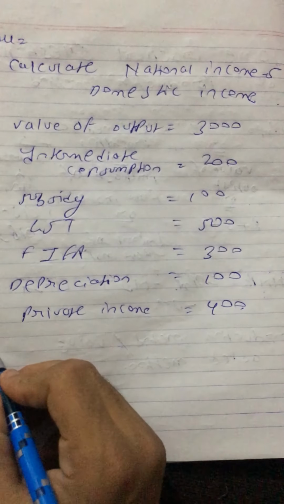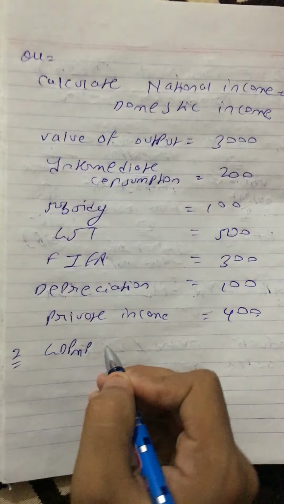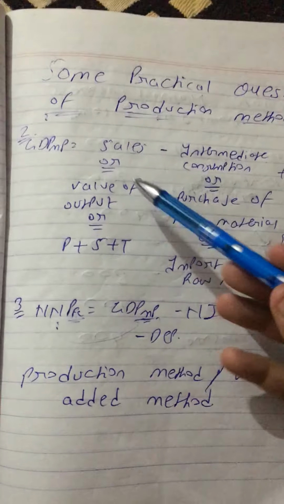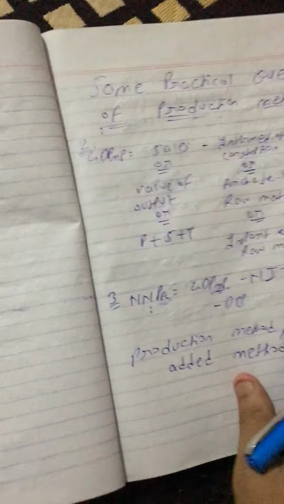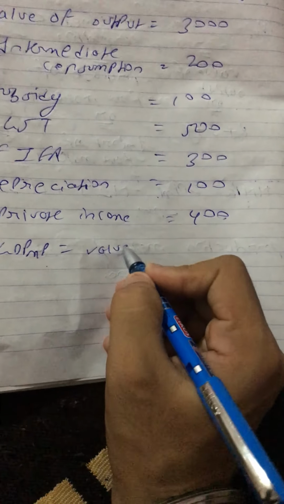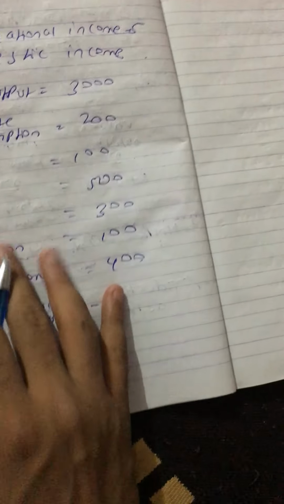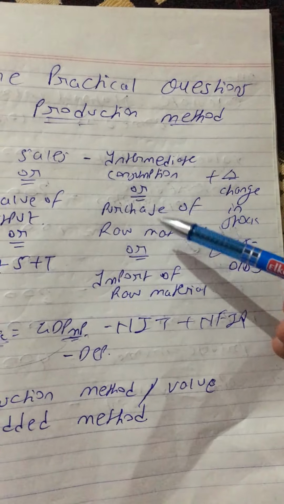So we have to put step number 2. For example, GDPMP. So beta, GDPMP is equal to, the formula is sale or value of output, or P plus S plus T. So beta, here value of output is given in the question, so we have to put value of output minus intermediate consumption, purchase or import.